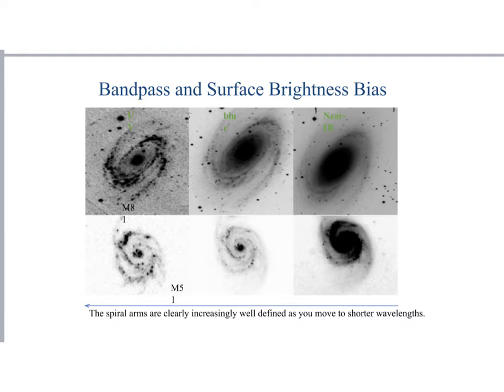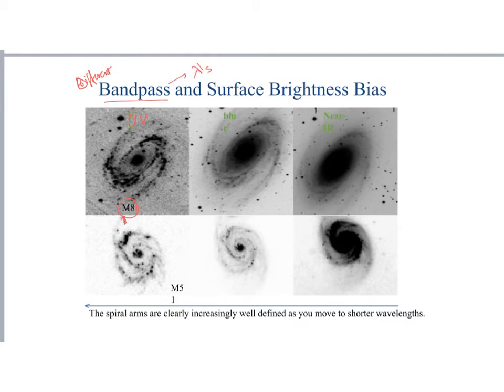Here's another thing that I wanted to point out for all of you, and you probably can't make it out. This is an image of a galaxy, which is the galaxy M81. Okay, the galaxy we've seen before, but these are images of this galaxy in different wavelengths. Okay, so we have different bandpasses, or wavelengths.